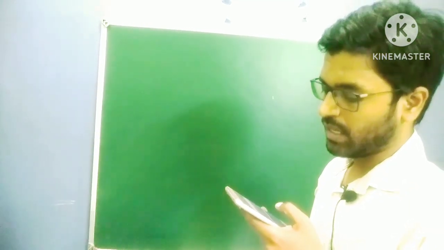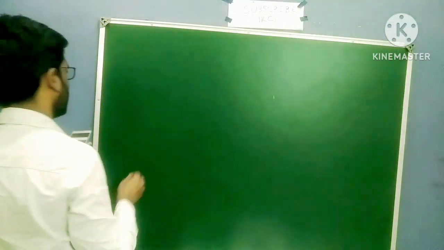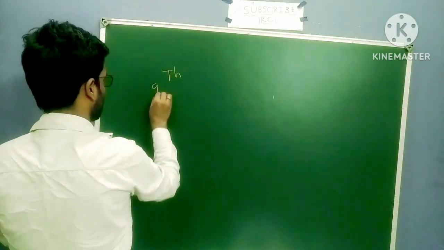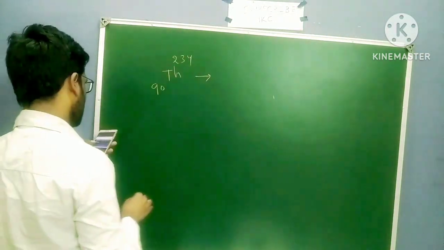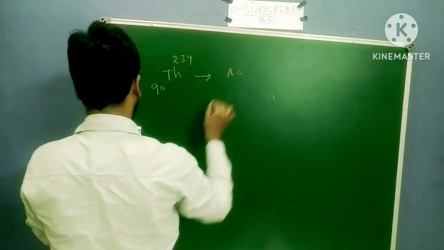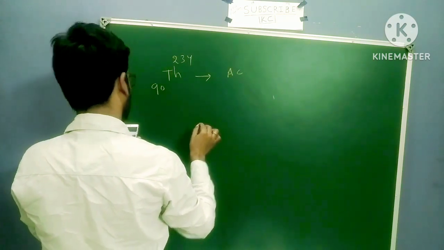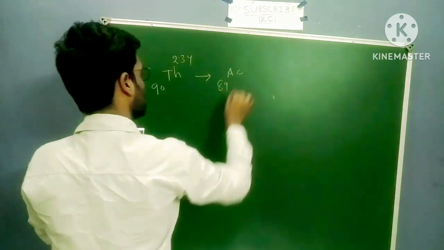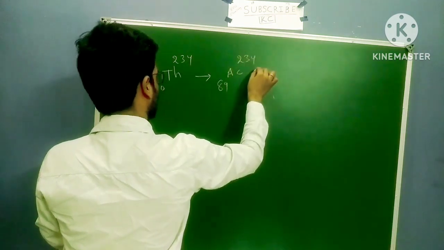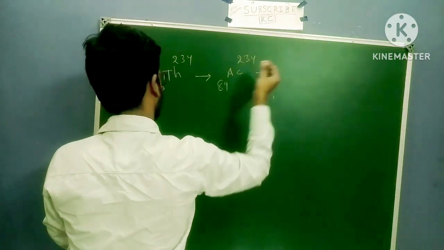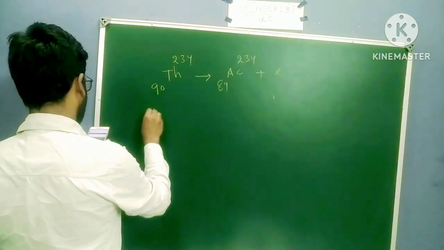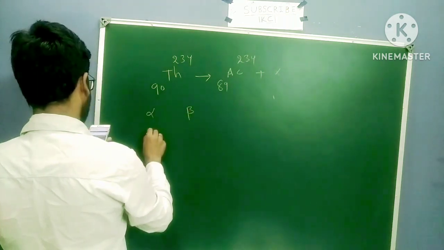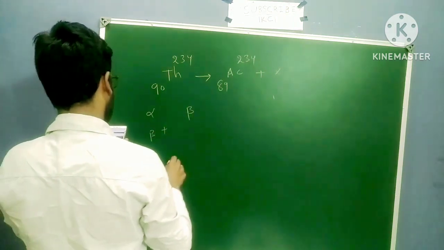The question is here: thorium 90-234 is producing actinium 89-234, right? So which one will be emitted? The first option is alpha, second is beta, third is positron, fourth is gamma.